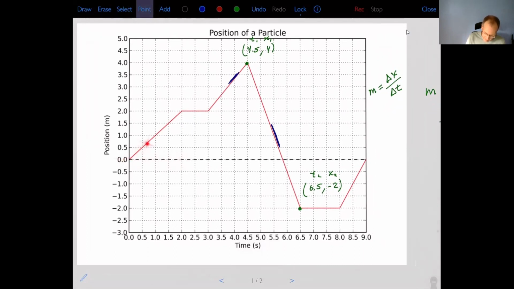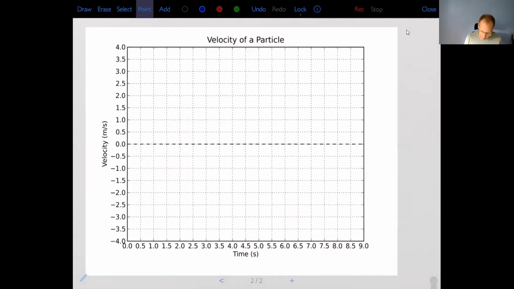Well, we know it's constant, because it's linear, so it's constant velocity. I can figure it out by looking at the rise over the run. It's going from 0 to 2, so the rise is 2. The run is also 2. So 2 divided by 2 is 1. So the velocity must be 1 meter per second. So if I go to the graph, I'll do this in red. From 0 to 2, it's going to be 1 meter per second, something like that.